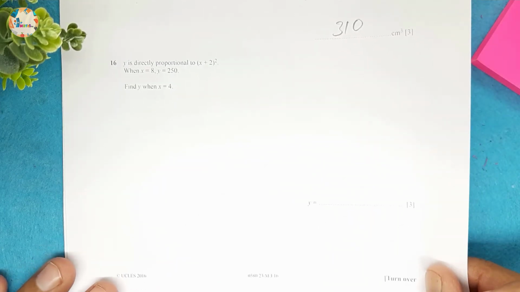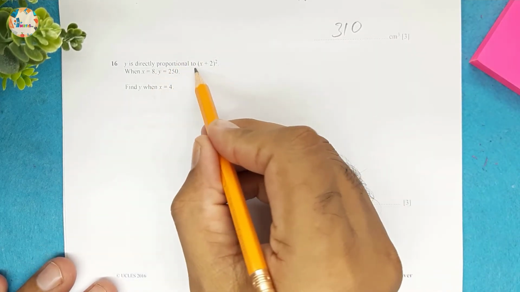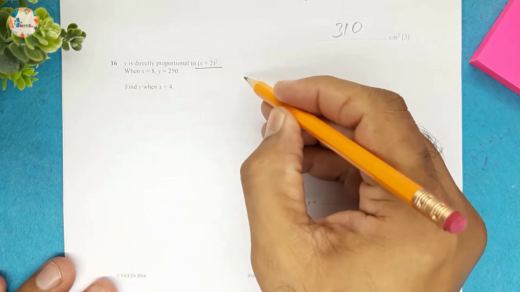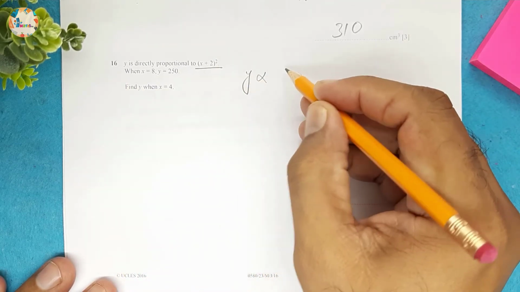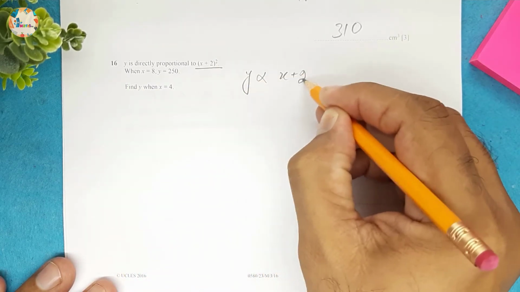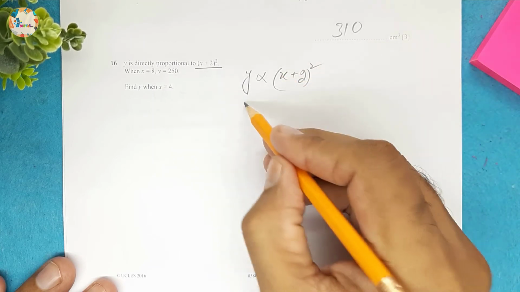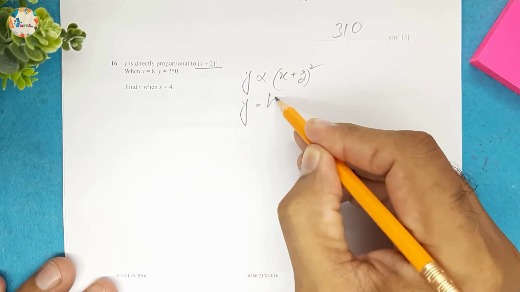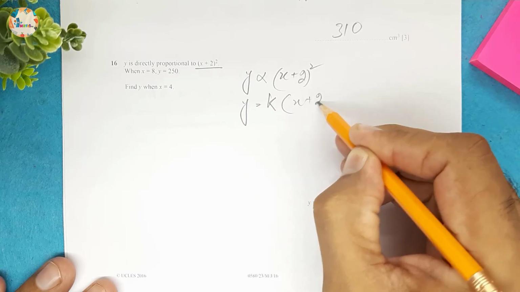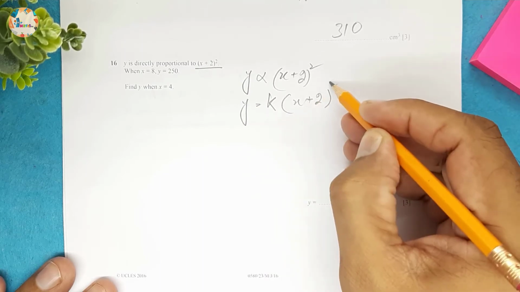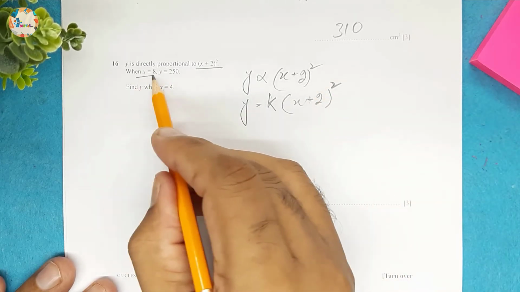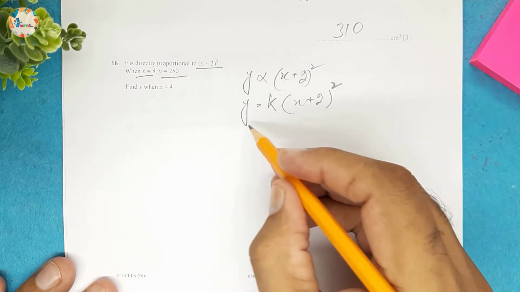Now move to the next question, which is question number 16, directly proportional. So we can write the equation: y is directly proportional to x plus 2 whole squared. So the equation will be y is equal to k into x plus 2 whole squared. Now x is equal to 8 when y is equal to 250.